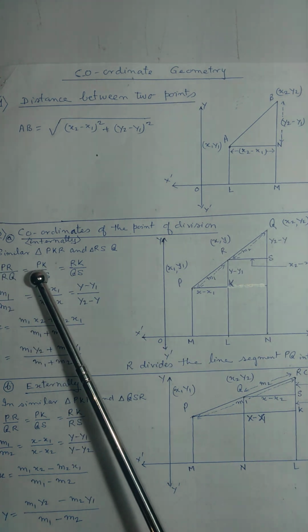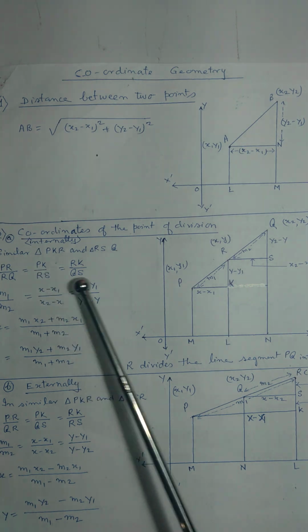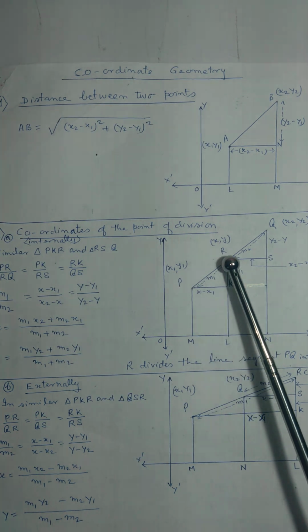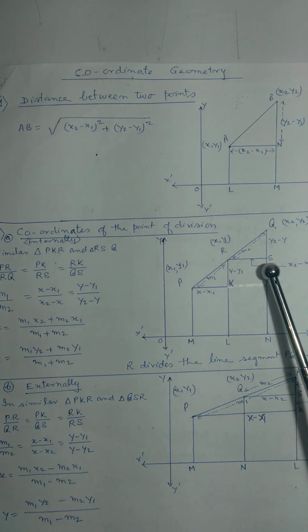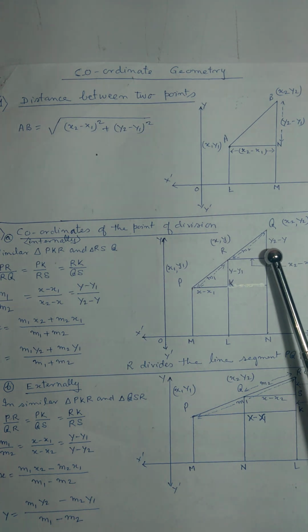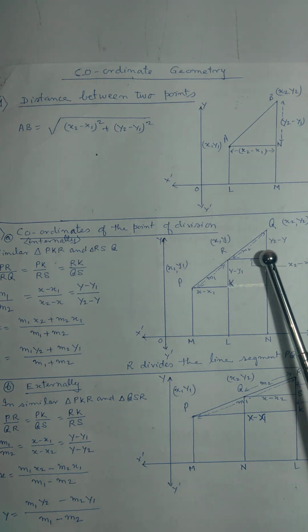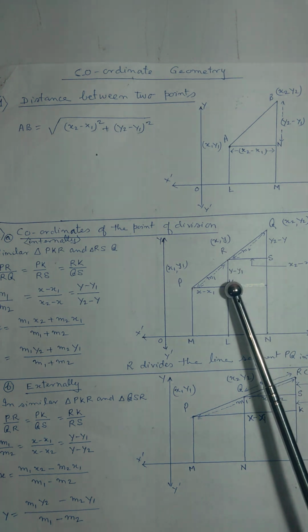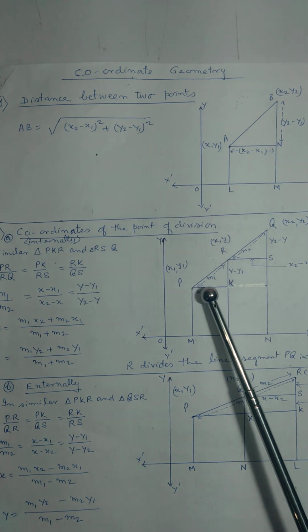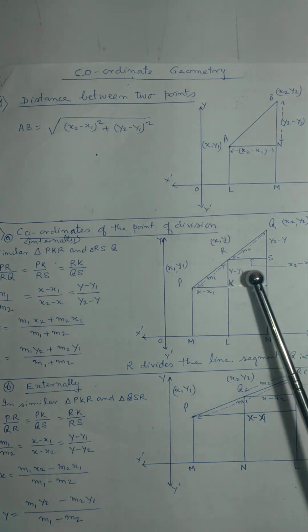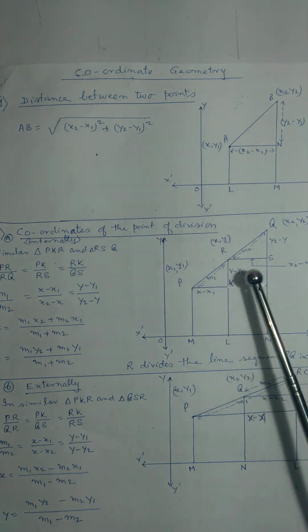So in similar triangles, you see the triangle PKR and triangle RSQ. You see, at S and K the angle is 90 degrees, and this is a corresponding angle because RS and PK are parallel.